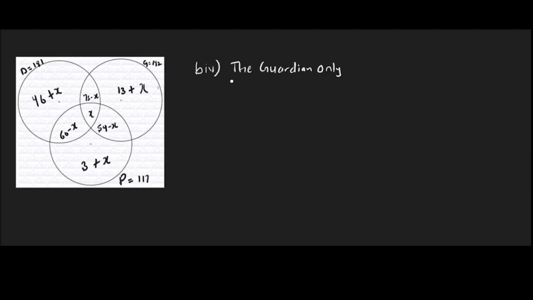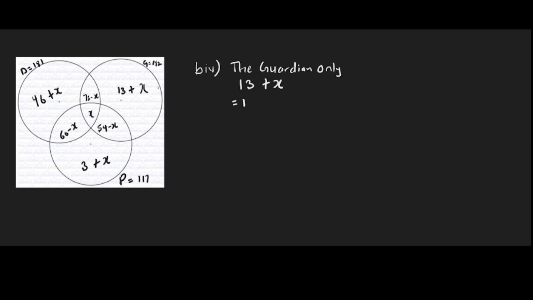B Roman figure 4 says the Guardian only. For us to get the Guardian only, let's come to the Venn diagram. Here is the region for Guardian only, and we have that as 13 plus x.